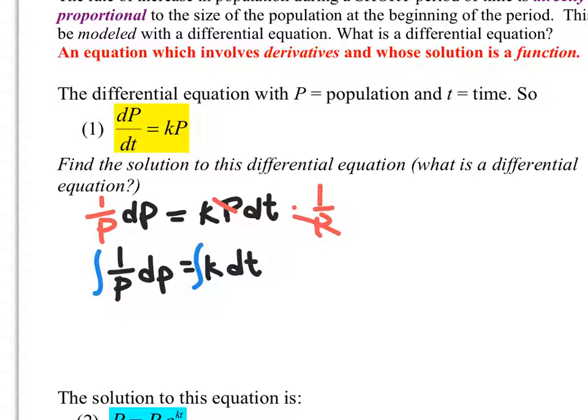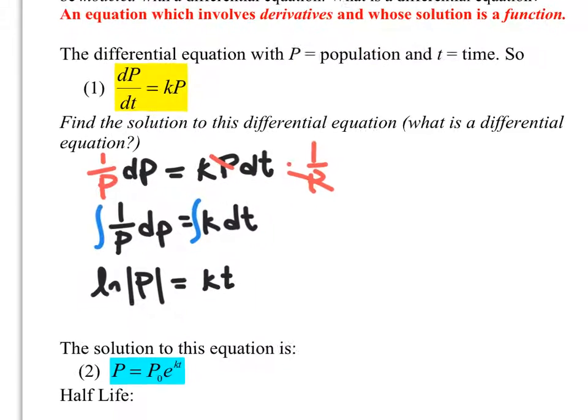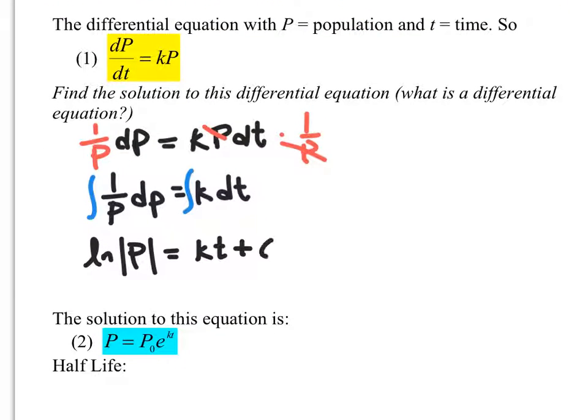I get the natural log of p is equal to k times t plus c. Right. So if I want to solve for p, I would take e to the power of kt plus c.